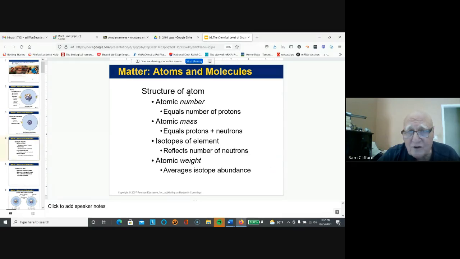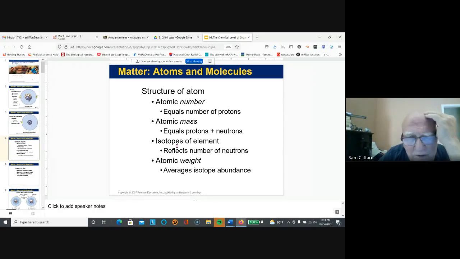Okay, so you should know what atomic number means. The number of protons. Atomic mass is protons plus neutrons. Isotopes is when an atom such as carbon is carbon 12, carbon 13, carbon 14. So isotopes all have the same number of protons and electrons, but they have different numbers of neutrons.